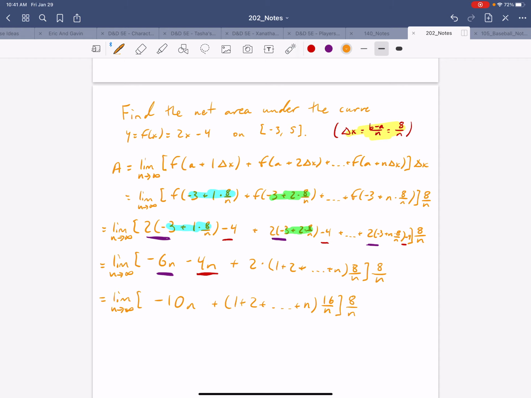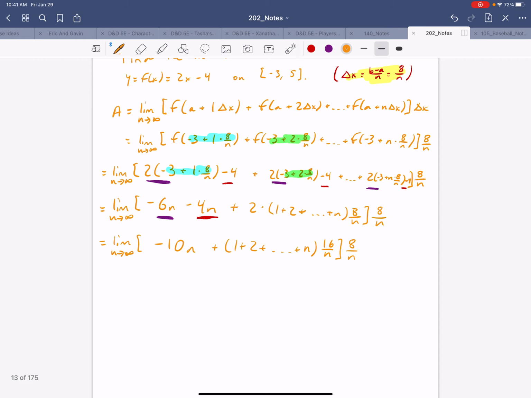Now at this point, we use our identity that I mentioned in class. We get negative 10n plus n times n plus 1 over 2.